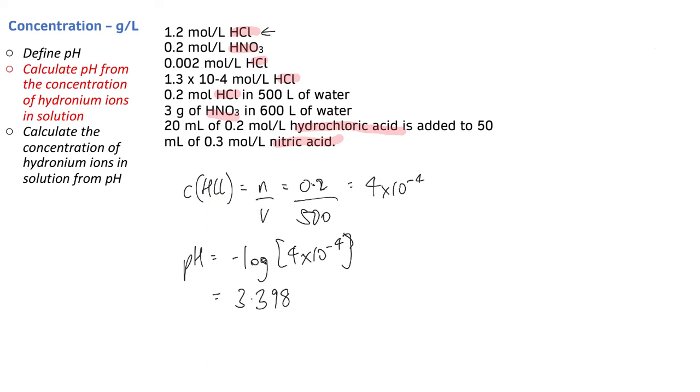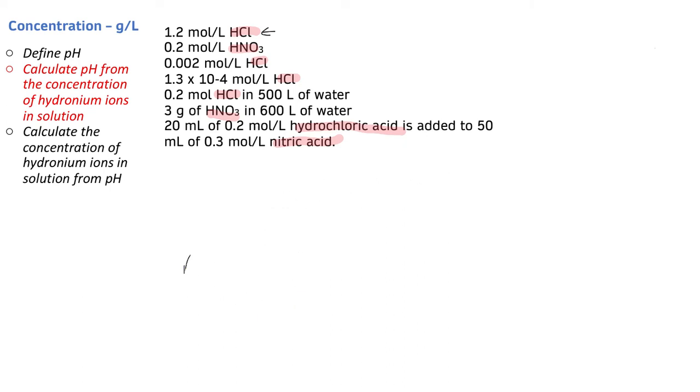So a much higher value. Okay, let's do the next one. Now we have to work out the number of moles. So the number of moles of HNO3 is equal to 3 over 63.018, which equals 0.0476 moles.